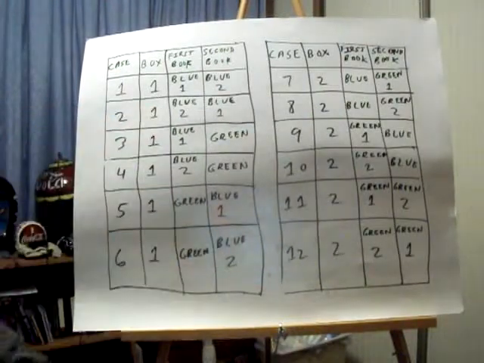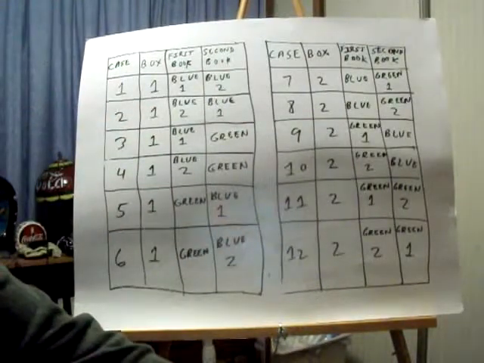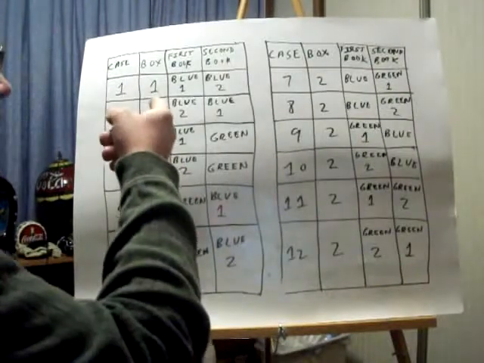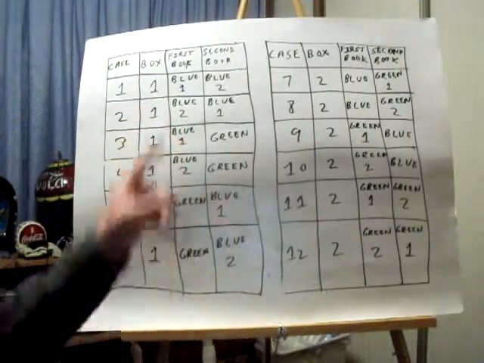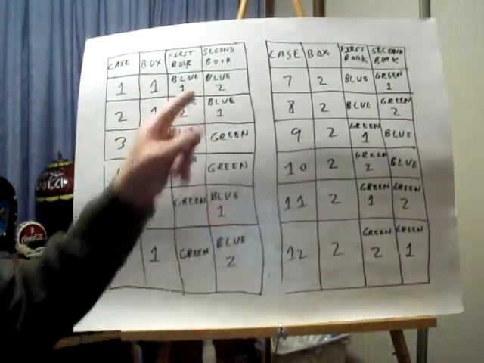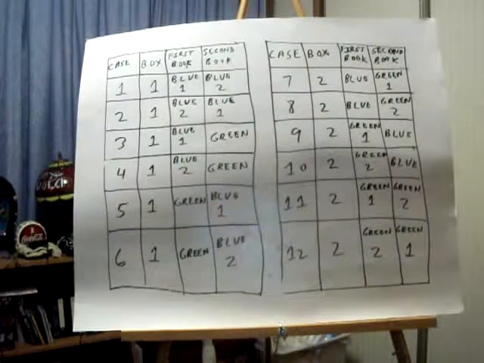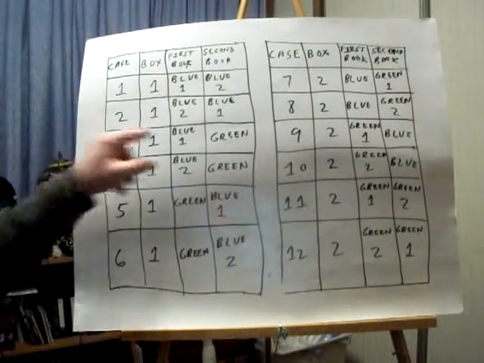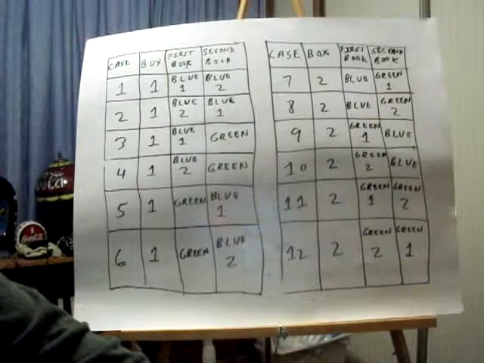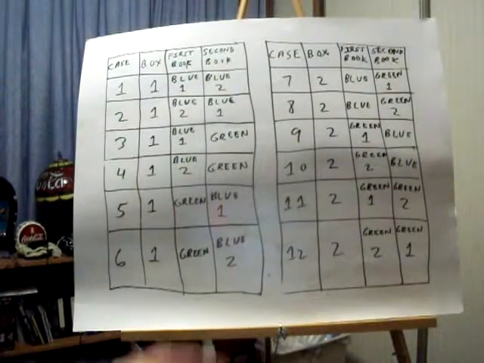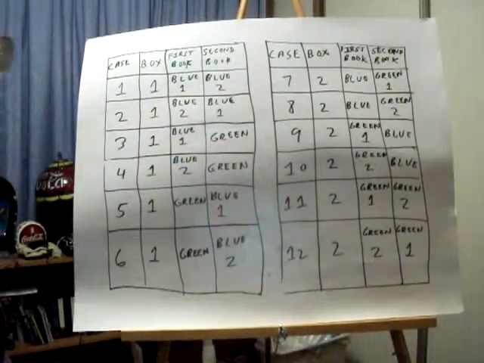What about over here? Well, this time you drew the blue book out that has the number 2 on it first, and then you drew out the blue book that has the number 1 on it. Case number 3. So this time you drew out the blue book with the number 1 on it, and then you drew out the green book. Case number 4.